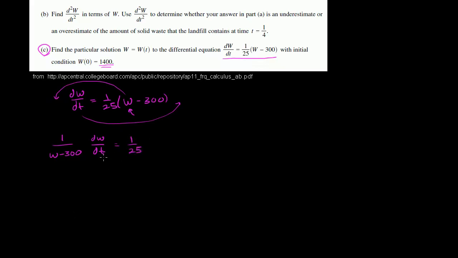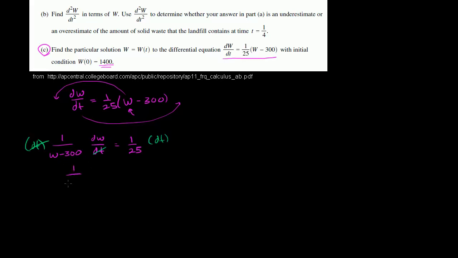Now I want to get the dt's on this side, so let's multiply both sides by dt. View the differential as just a very, very small change in t. I'm a little bit imprecise with my notation here, but this is one way that you can think about it when you are dealing with separable differential equations.